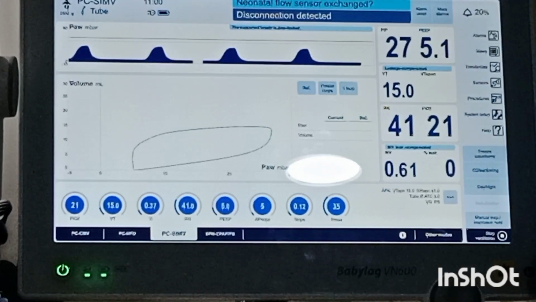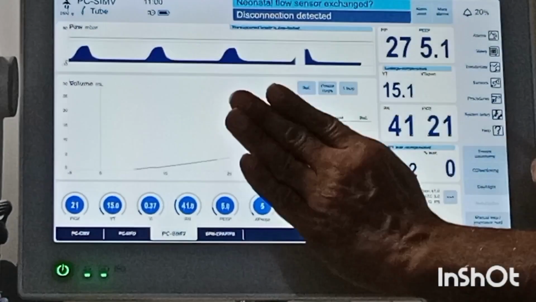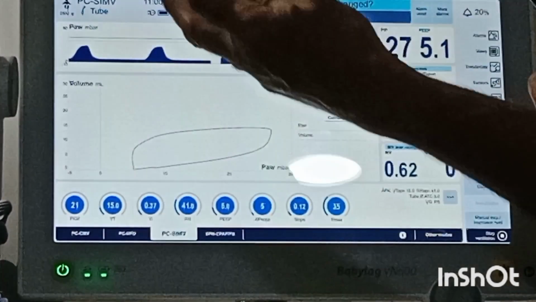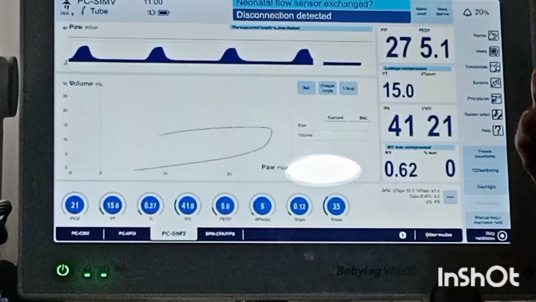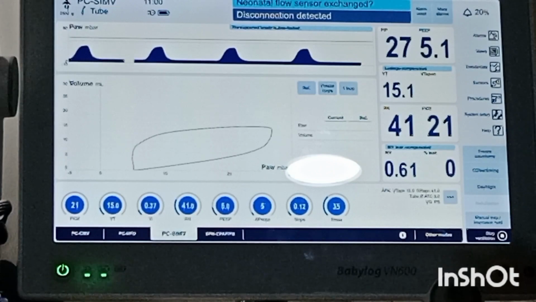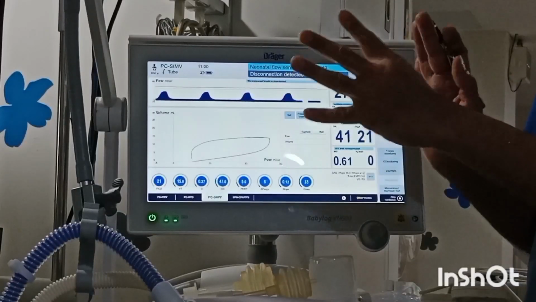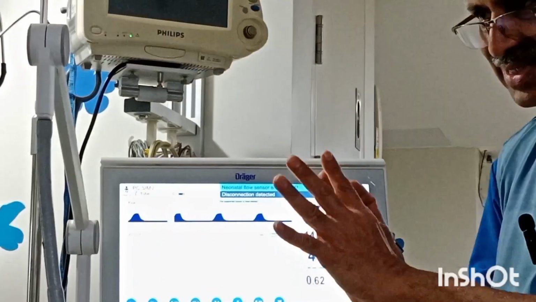Anything less than 1 indicates overdistension. That also can be detected. So a nurse looking after the baby, if she knows about these points, can alert: you are actually less than 1, please come and reduce the PIP. That is what it is going to help us with. Are you clear about this?